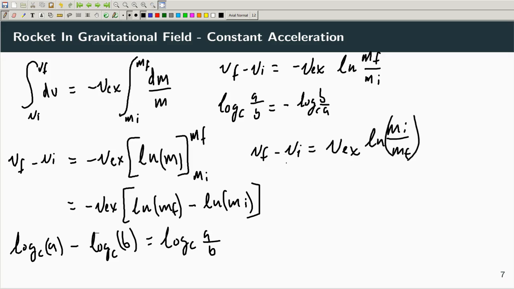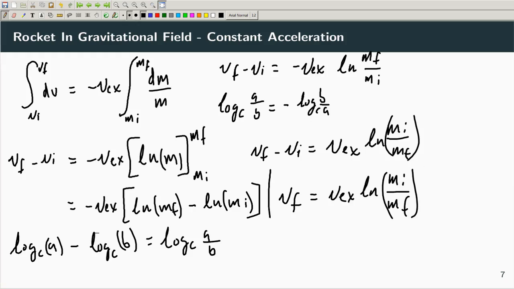Generally the initial velocity is just 0 because you launch a rocket from the launch pad. So this is a general form, but if we take v i to be 0, we get, so this is Tsiolkovsky's rocket equation.